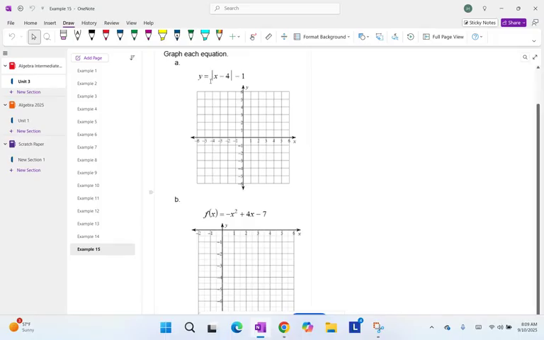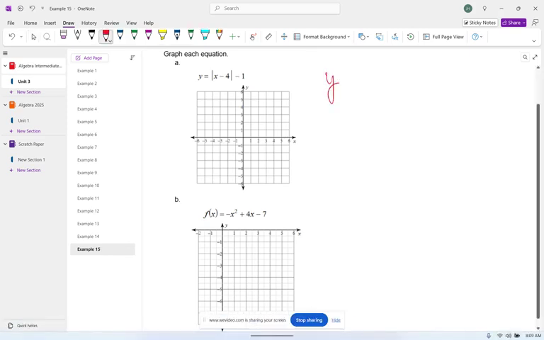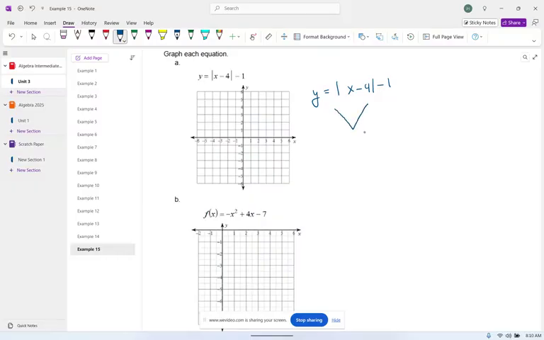And so we'll start off with y equals, oh, let's pick a different color. I was using red last. Let's pick blue. So y equals the absolute value of x minus 4 minus 1. The general shape that we're looking for with a positive absolute value, and I can tell that this is positive because I don't see a negative sign out here, so I assume it's positive.